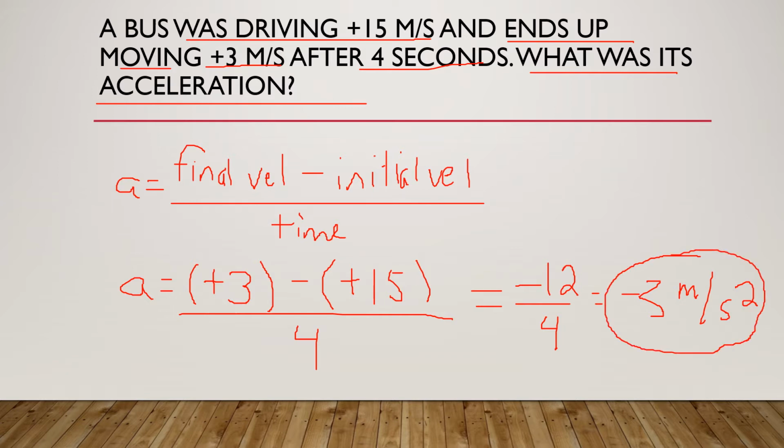So subtract and divide. And if you have negatives, don't forget to keep, change, change. That's why I put them in parentheses. I put them in parentheses to make sure that we don't drop our signs.